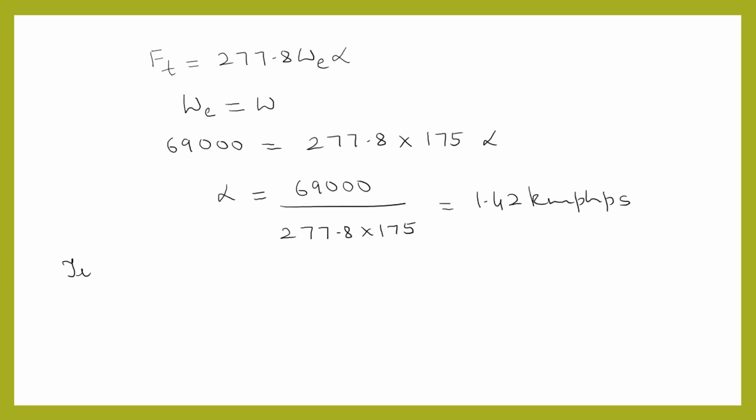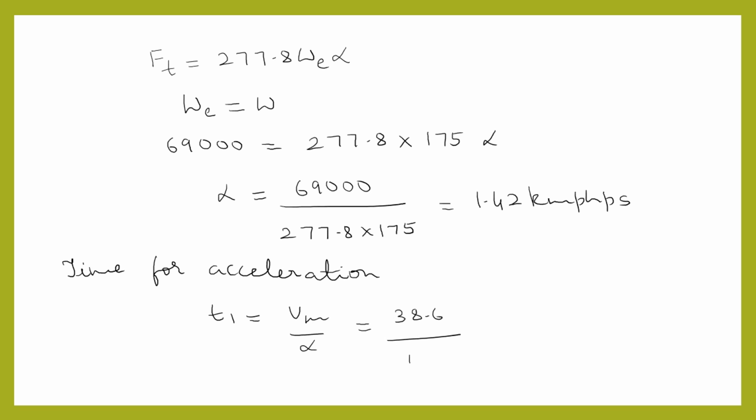Next, we have the time for acceleration, that is T1 equal to Vm by alpha, that is 38.6 by 1.42. It comes around 27.2 seconds. We have Ts equal to half T into V minus 2IR by V minus IR.